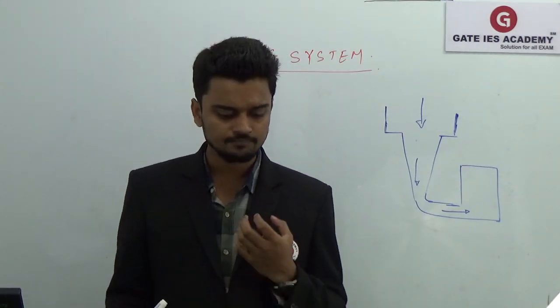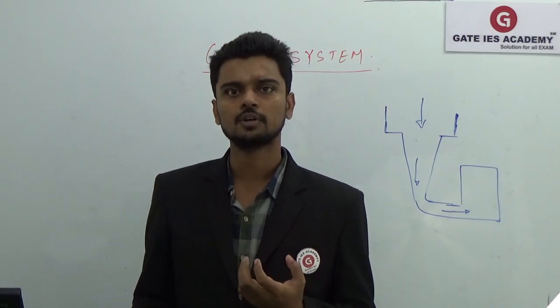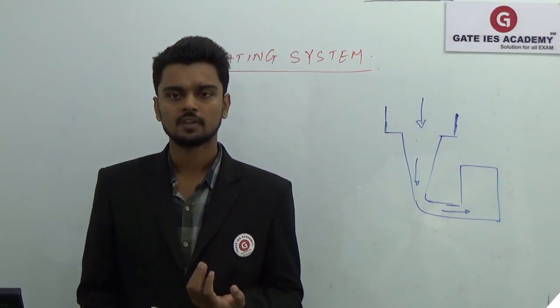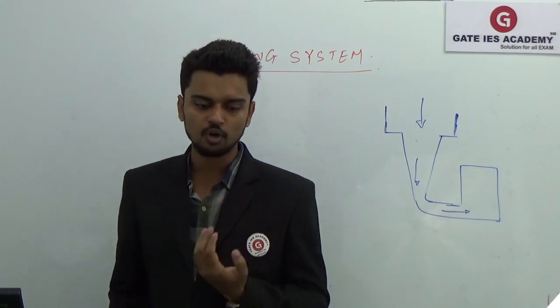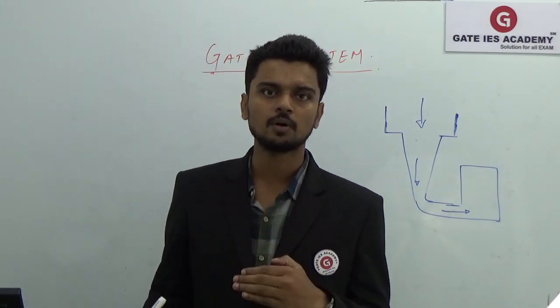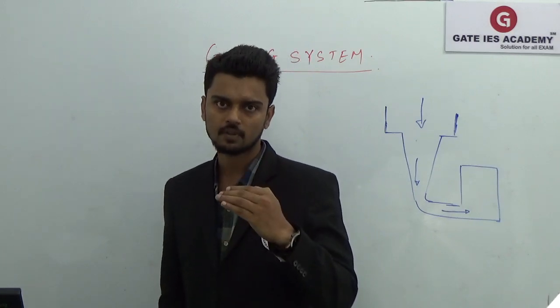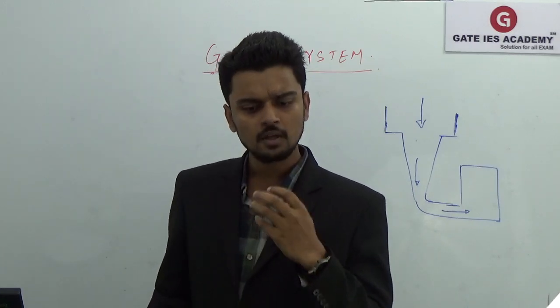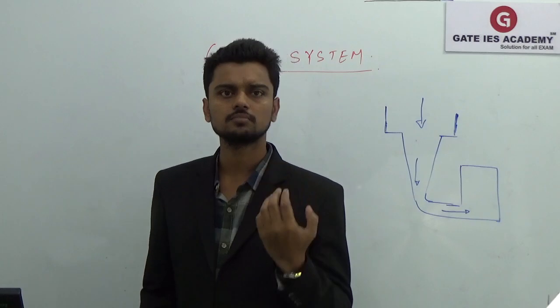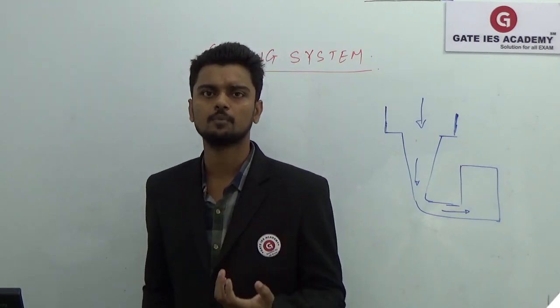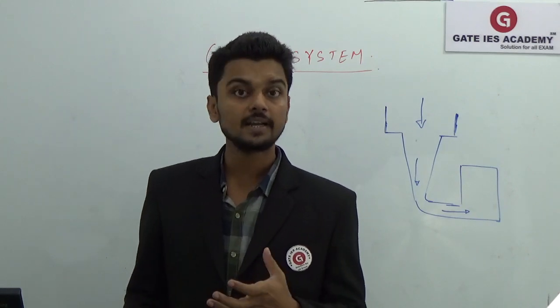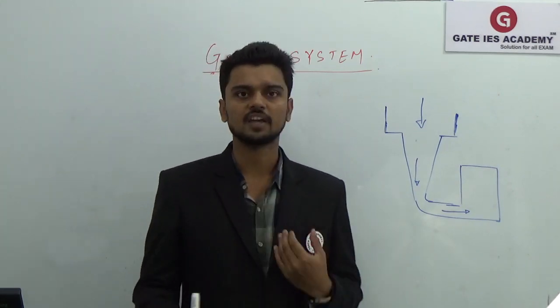That means there will be an unfavorable temperature gradient. In the top gating system, we saw that there was a favorable temperature gradient, meaning the molten metal will start solidifying from the bottom of the cavity towards the top, so the riser will be able to provide the extra molten metal. But in the bottom gating system, the case is different.